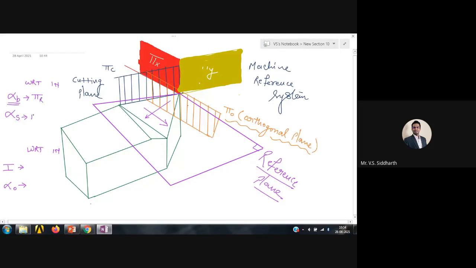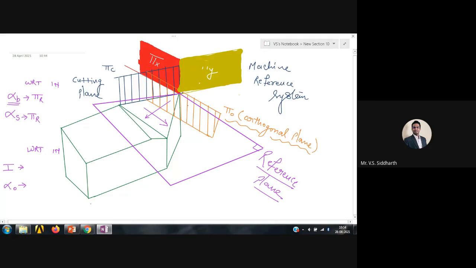And in which plane did we measure it? Back rake angle, pi y plane we measure it. Very good. Not pi x, only pi y.